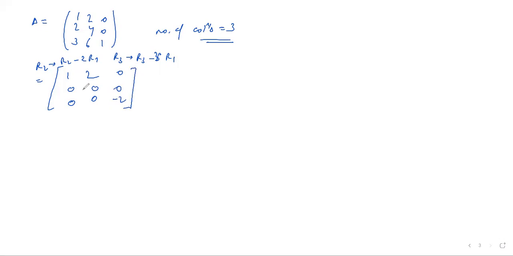Let's interchange these rows. Then we would get 1 2 3, 0 0 minus 2, 0 0 0. Okay, so this is the echelon form here.